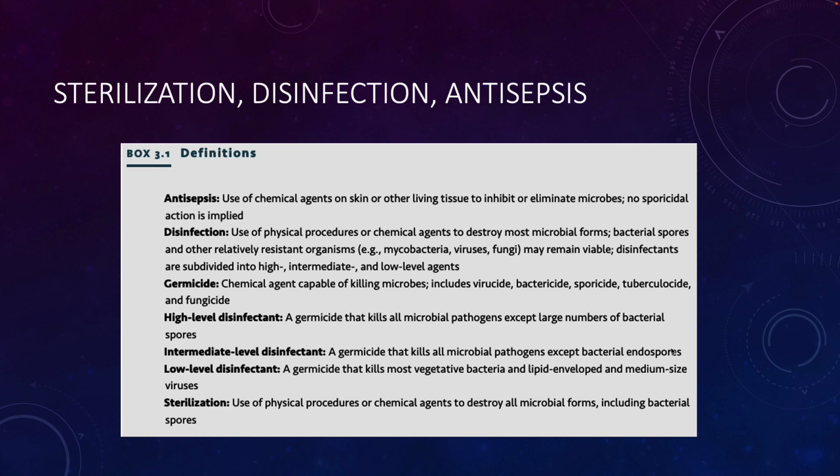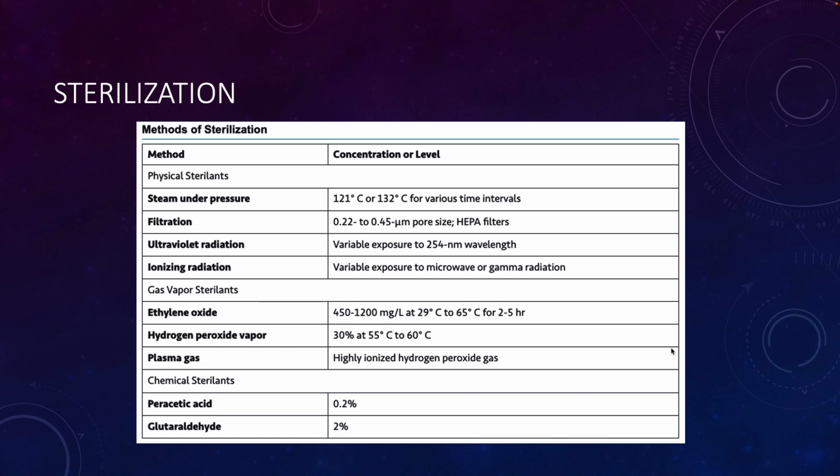And then kind of the king of all microbial removal tools is going to be sterilization, which is the use of physical procedures or chemical agents to destroy all microbial forms, including spores. And in order to accomplish sterilization, you can see in this table, we have our physical sterilants, gas vapor sterilants, and chemical sterilants.